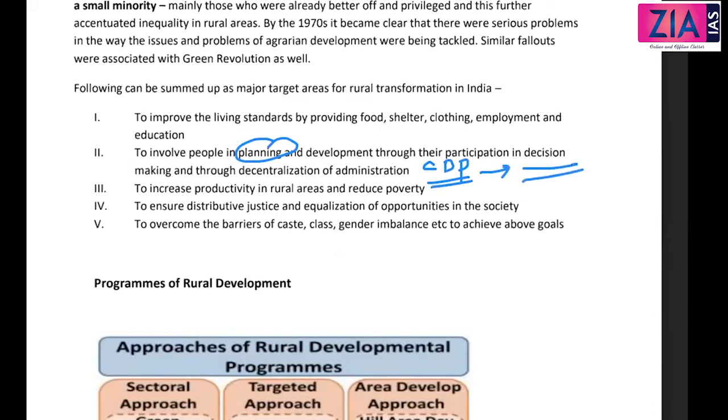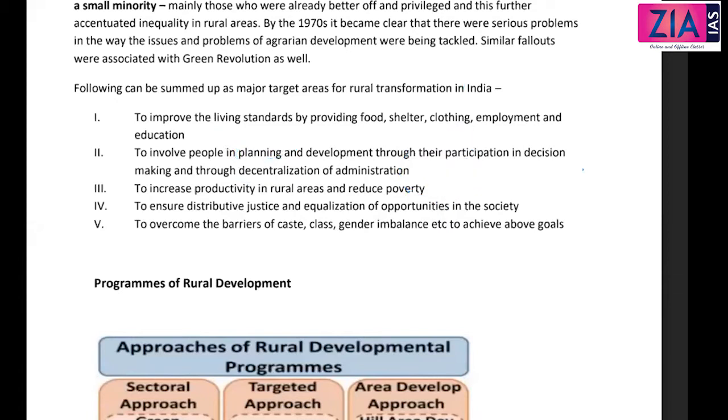There were limitations, problems and criticism with respect to the community development program, in terms of its effectiveness, its implementation, and bureaucratic issues, excessive bureaucratization. Because of all these reasons, the Balwant Rai Mehta committee was appointed, and it recommended panchayati raj institutions and then total decentralization.